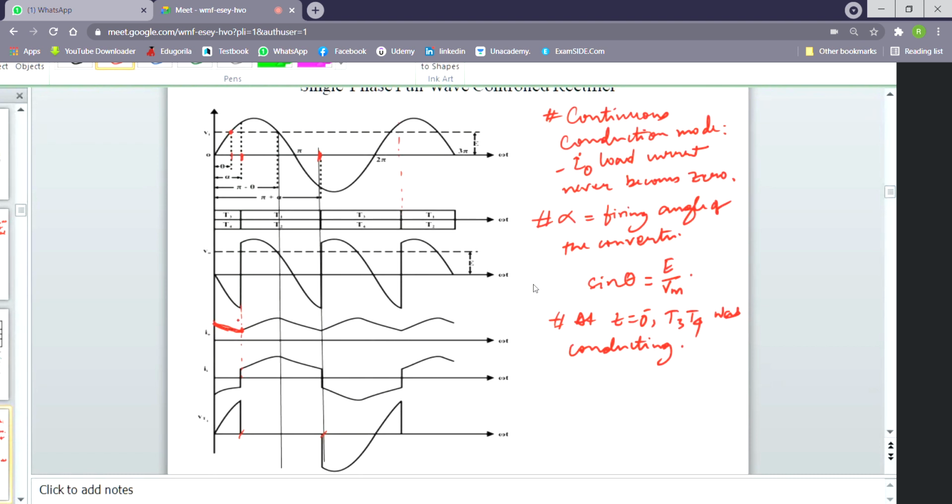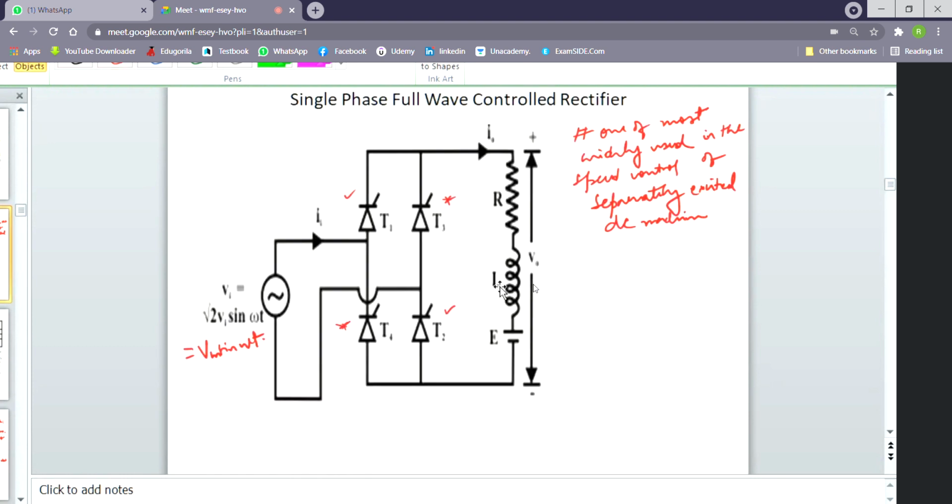Okay, but at omega t equal to alpha, as T1 and T2 are fired, at this position V0, the output, is greater than E, and therefore the I0 current will start to increase through the RLE.